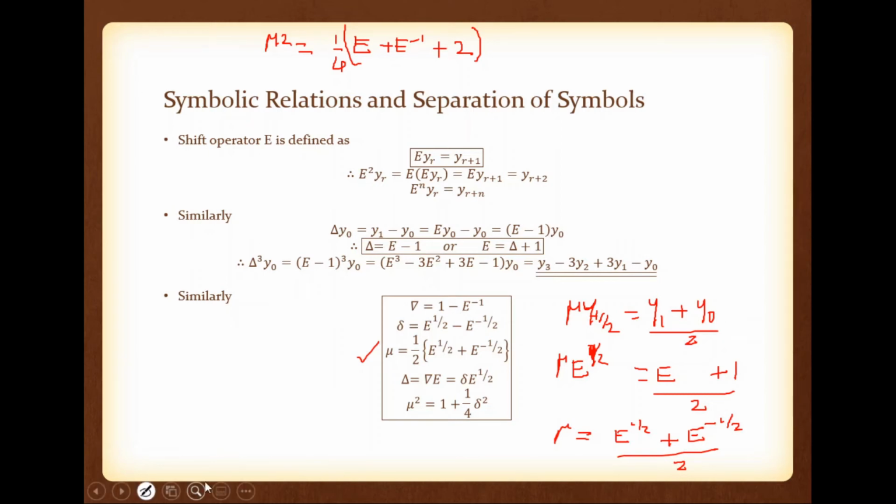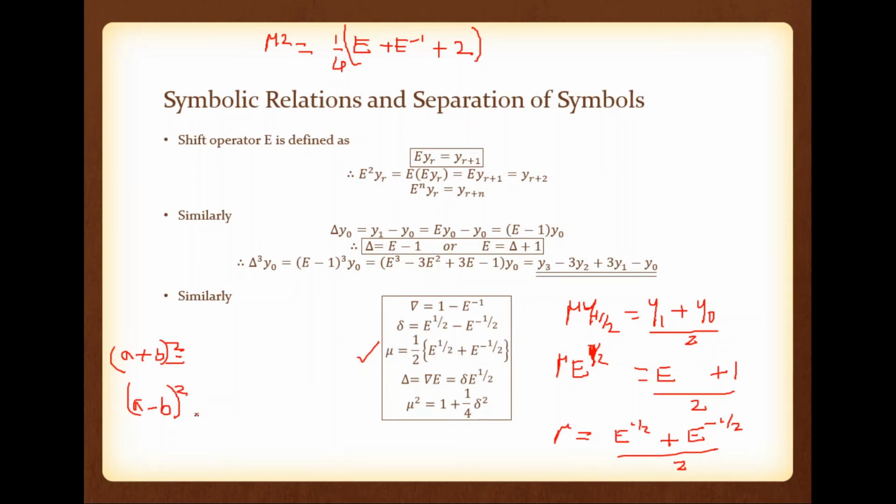Now we are going to relate this one with delta. So for that purpose, we can write a plus b whole square is equal to a minus b whole square, then what we can write?